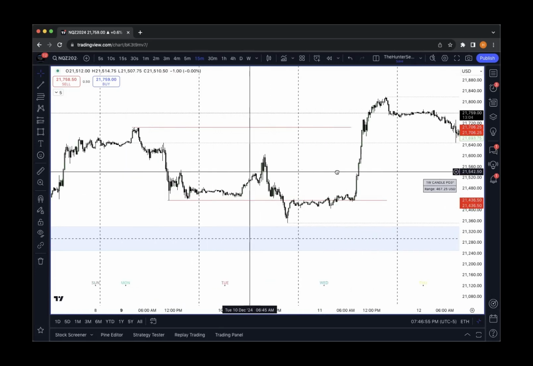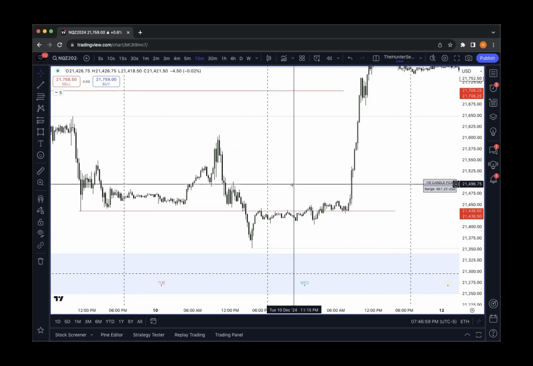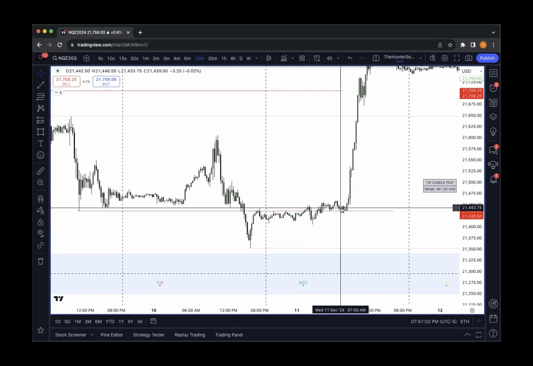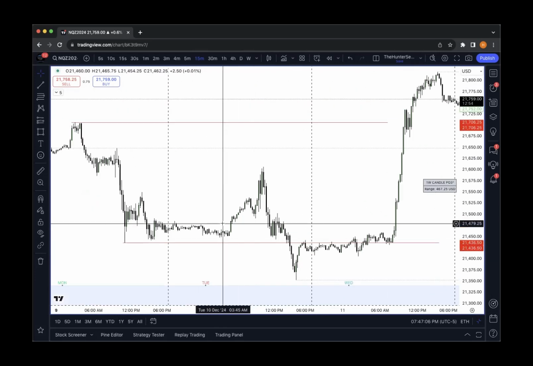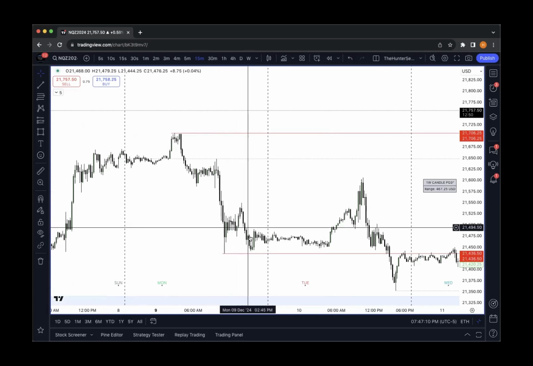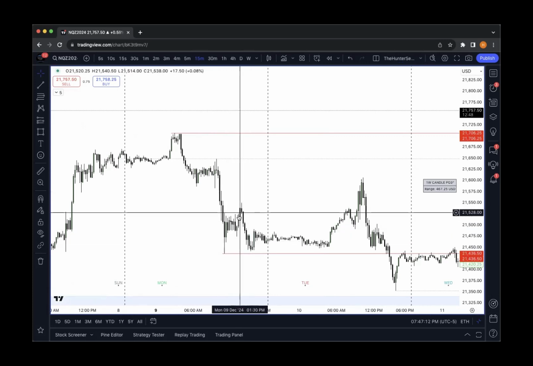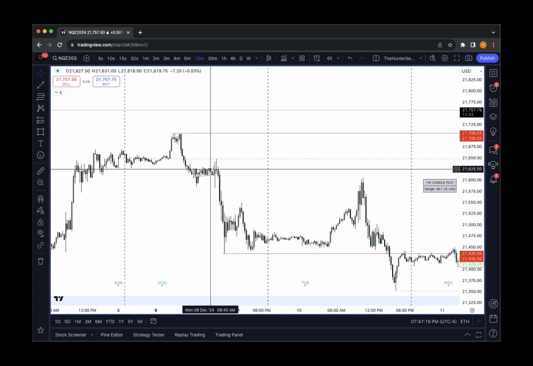You can see in here on a 15-minute, it gets a little bit more clear, but this is not directional order flow. This is right here, a little bit in there, and then right up in here. So you can see we have little spurts of it, and sitting in between that is consolidation.